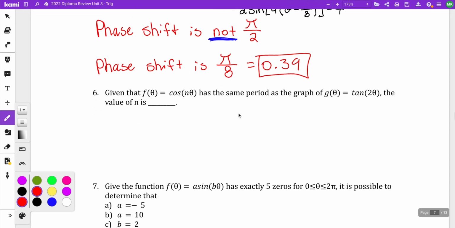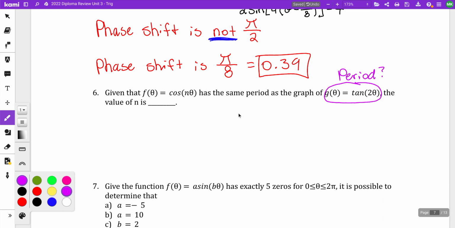Okay, 6. Given that f of theta equals cos n theta has the same period as the graph g of theta equals tan 2 theta, the value of n is. We've got to figure out what the period of that is.